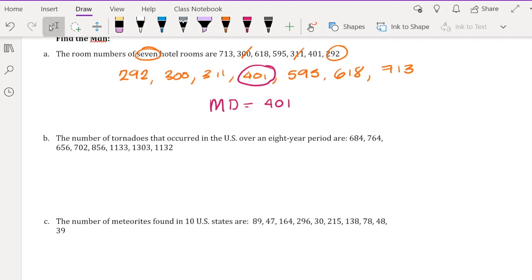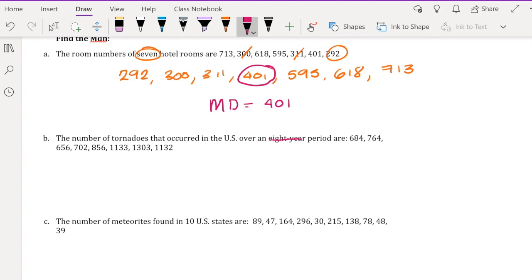The number of tornadoes that occurred in the U.S. over an 8-year period. So we have 8 data points. That's an even number. So that means that after we order the data, we're going to look at the 2 middle values, and then we're going to divide by 2. Now look at the data. Is it already in order? I don't think it is.